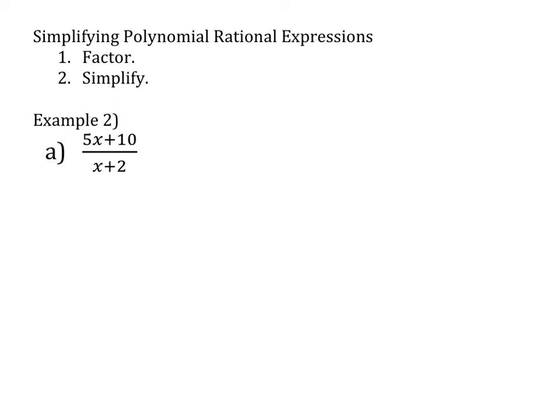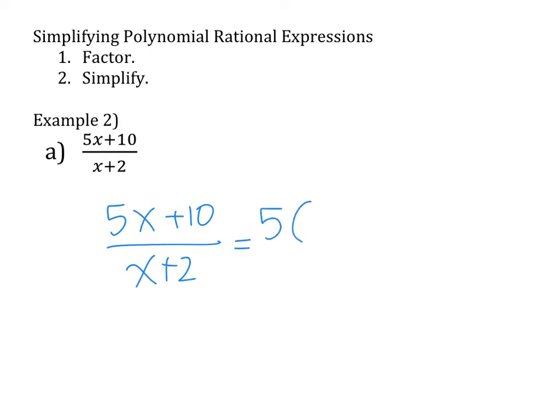So I'll factor something out of the numerator. 5x plus 10, I can factor out 5, right? I'm left with x plus 2, and the denominator will stay the same.